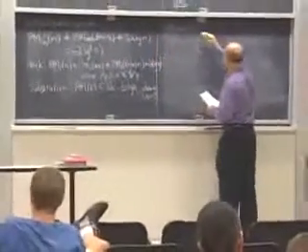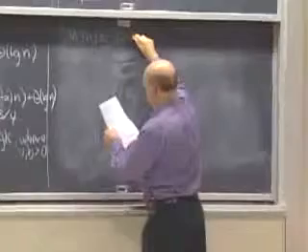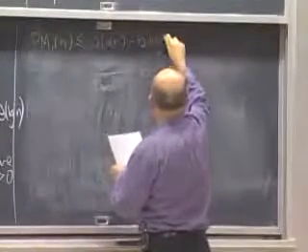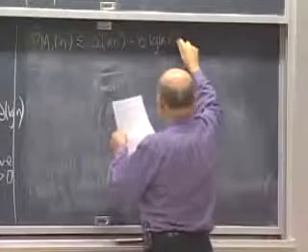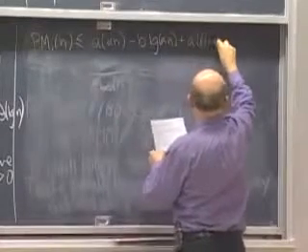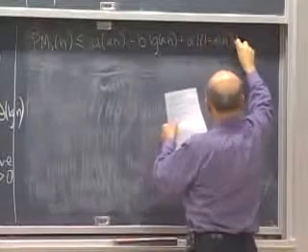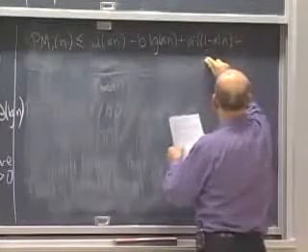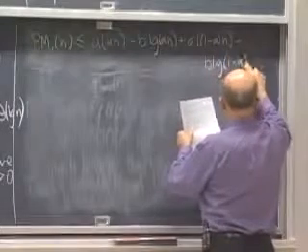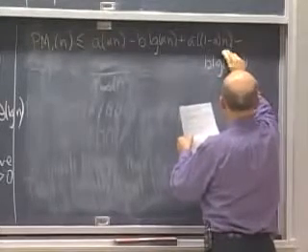So we get a alpha n minus b log of alpha n plus a of 1 minus alpha n minus b log of 1 minus alpha n, need another parenthesis there.